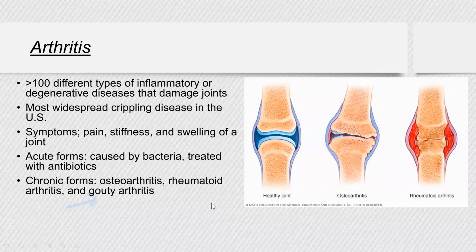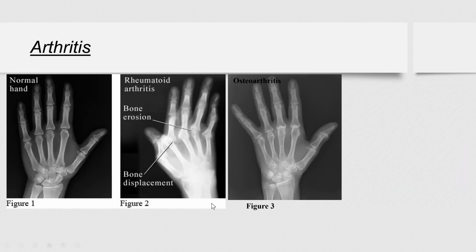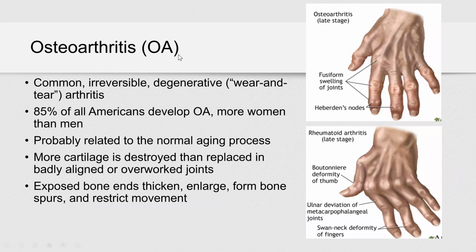So let's look at these three different arthritis in a little bit more detail. First you can see a normal hand over here, and rheumatoid and osteoarthritis. You can immediately notice that rheumatoid is more severe damage of joints. Now, osteoarthritis is a common, irreversible, degenerative arthritis.